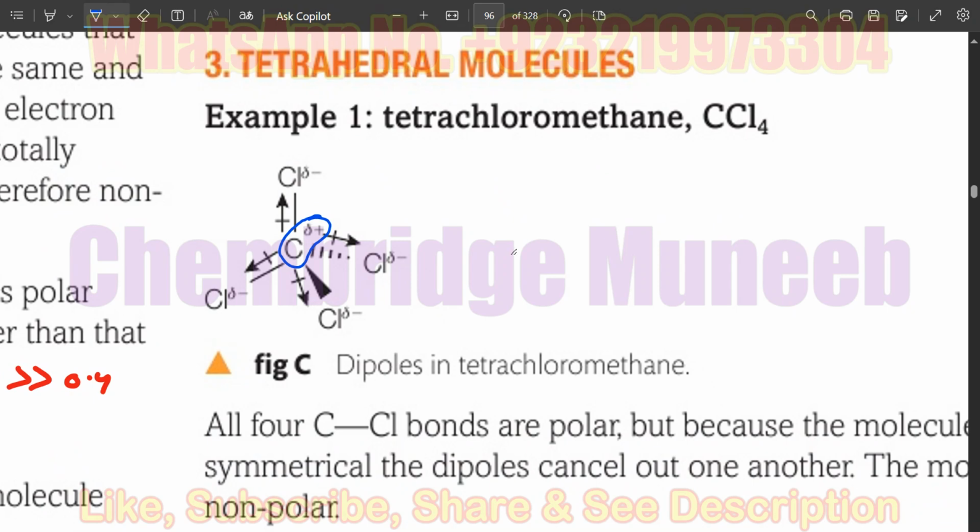Now, is the molecule polar or non-polar, and why? The molecule is non-polar. Why? Because once again the dipoles are cancelled out, and they are cancelled out because why?